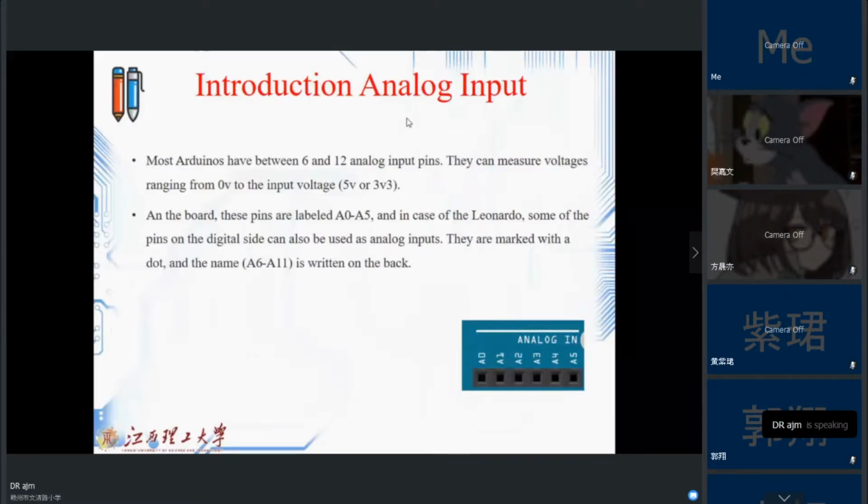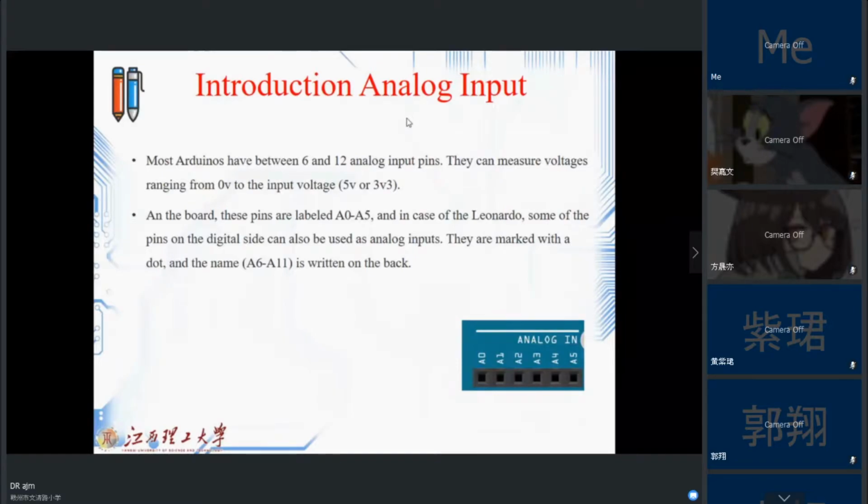The second thing you should know is that most Arduino boards have 6 or 12 analog inputs. For the board that we are working with, the Uno board, we have 6 analog pins, which can measure the voltage between 0 and the input voltage. Our board's input voltage is 5 volts, but some other boards, like the Due or others, have 3.3. Remember that.